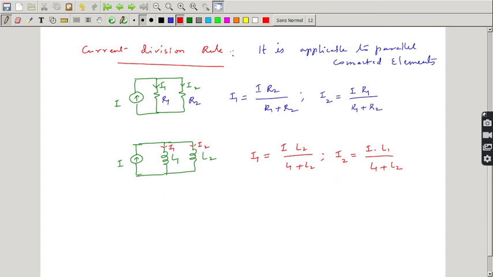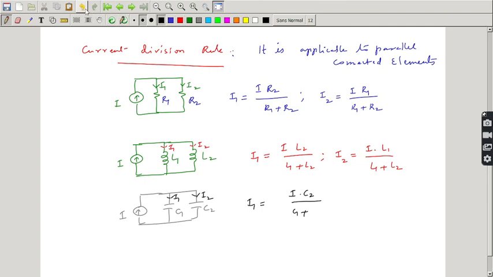In the same manner, if in place of inductors I connect capacitors, two capacitors C1 and C2 connected in parallel and excited by a current source of magnitude I, the currents flowing are I1 and I2.